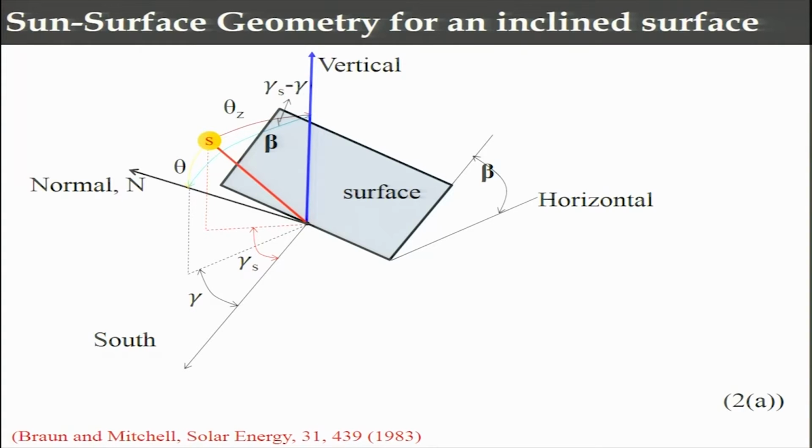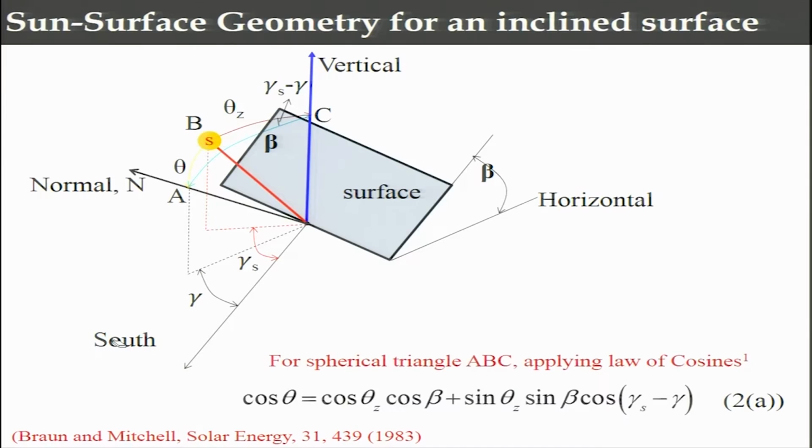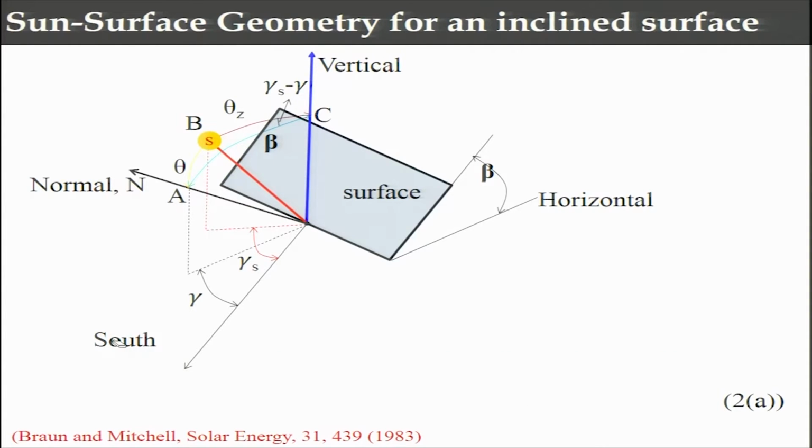The difference is gamma s minus gamma, which can be shown by geometry. If this point is A, this is B, this is C, then this makes a spherical triangle, and we know various angles between these.